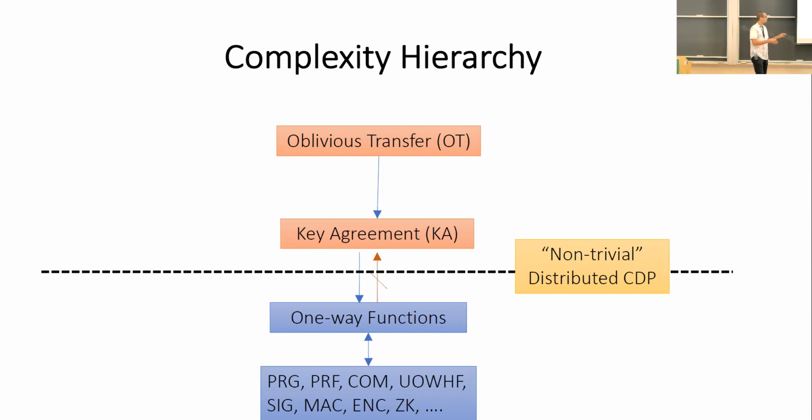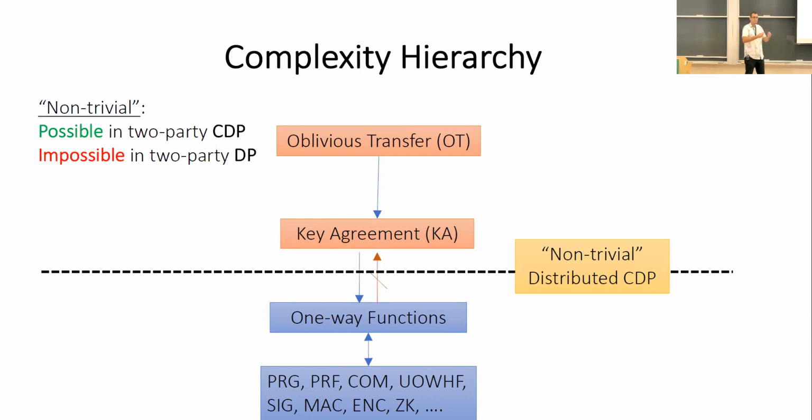So the goal is to understand what is the place of non-trivial distributed CDP. What I mean by non-trivial distributed CDP is some protocol that achieves some kind of accuracy that is possible using the computational relaxation, but is impossible in a two-party DP in the information theoretic case.